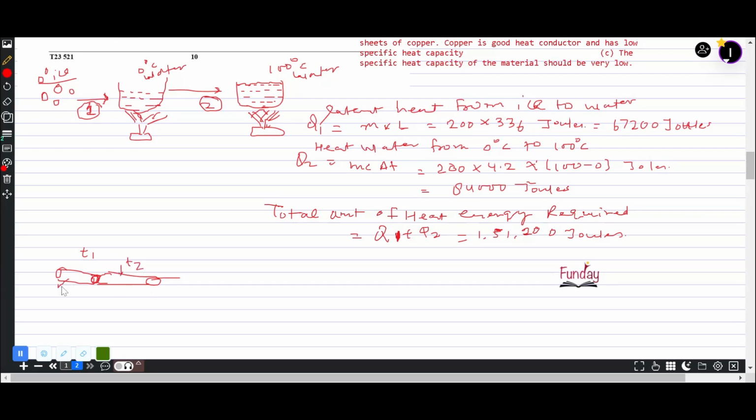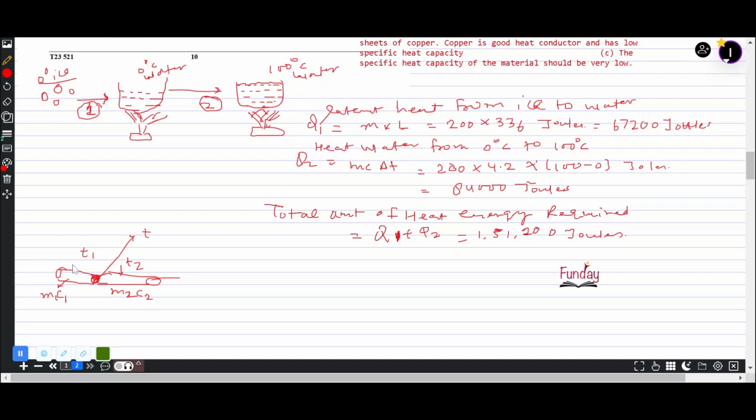So the mass of first body is m1, its specific heat capacity is C1, and its temperature is T1. And the other body which you brought has mass m2, specific heat capacity C2, and temperature T2. Now when you put them together and both are good conductors of heat, slowly they will arrive at one common temperature which is T.